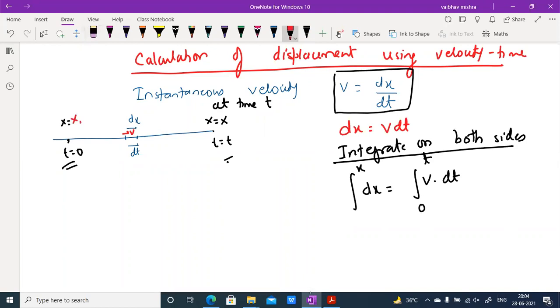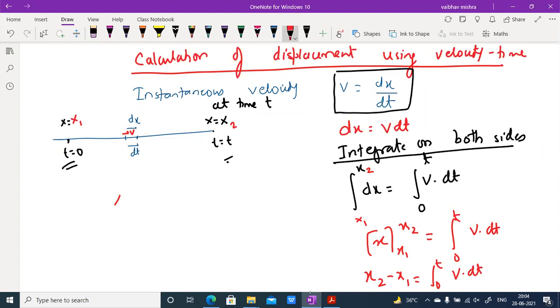If the journey starts from initial position coordinate x1 to final x2, we'll integrate from x1 to x2, and 0 to t. The dx integration will be x, applying limits from x1 to x2, and 0 to t of v dt: upper limit x2 minus lower limit x1 becomes integral of v dt from 0 to t.